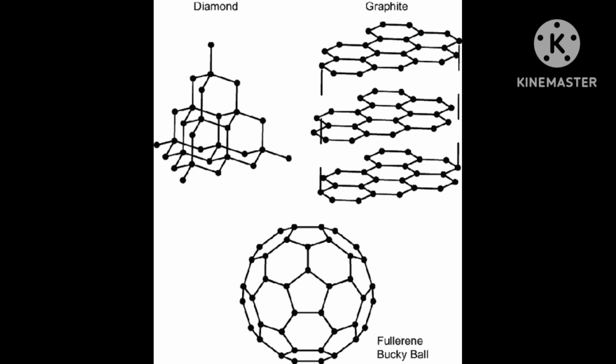Methyl substituted chlorosilane. Me means methyl, or CH3 also you can write. First it can form MeSiCl3.